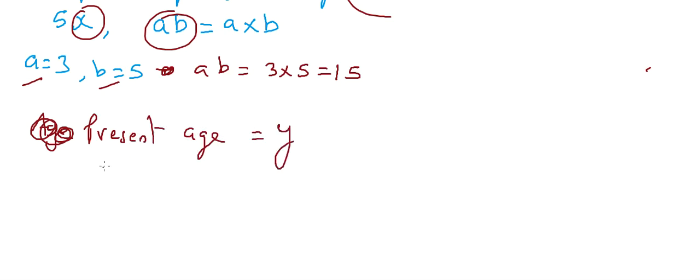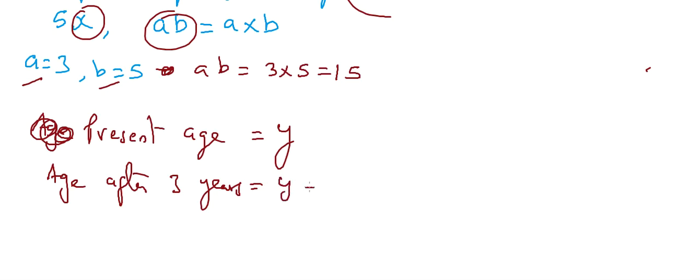So what will be your age after, say, 3 years? After 3 years, 3 will get added. It becomes 3 more than your current age, isn't it? That means after 3 years, your age will be y plus 3.